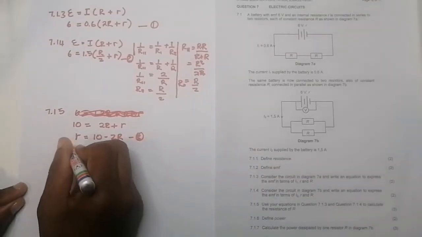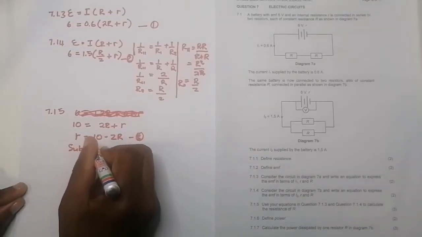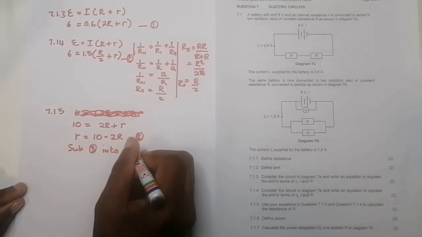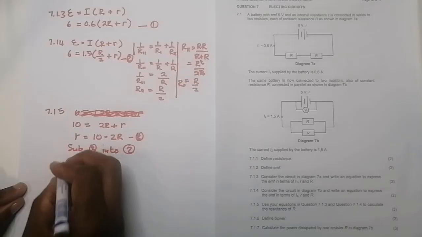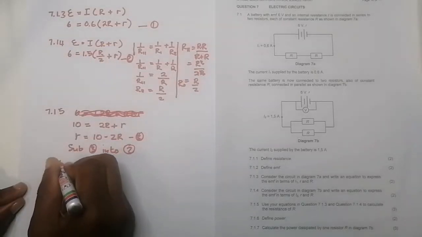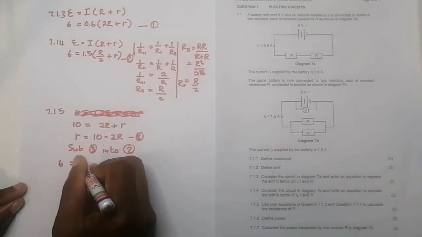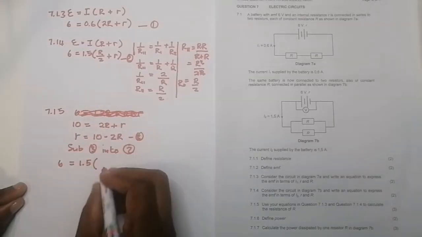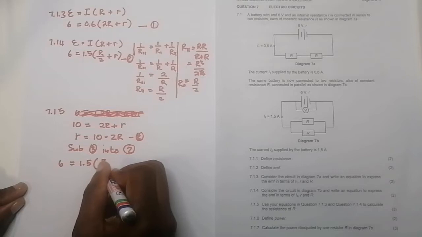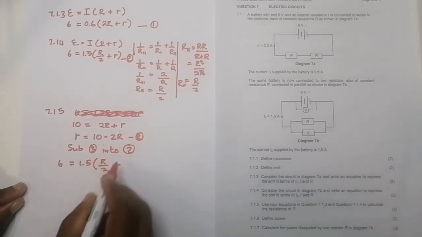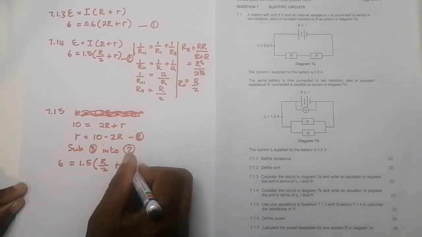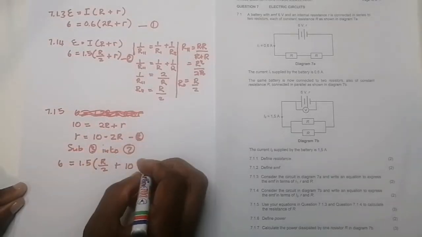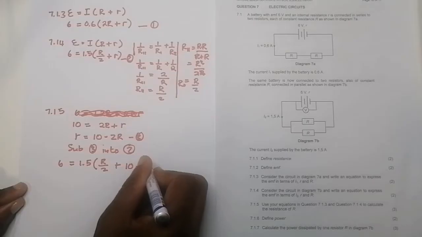So what I'm going to do is substitute equation 3 into equation 2. Okay, so take it there. So 6 is equal to 1.5 into, now you remember we had R over 2 there, plus, now my small r would be 10 minus 2R.